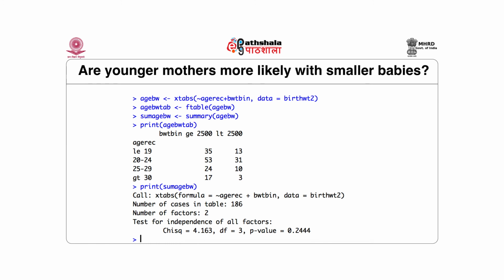But you can quite clearly see that the age of the mothers and the probability of having a low birth weight baby are kind of independent of each other. And you can see here that the p-value is 0.24.